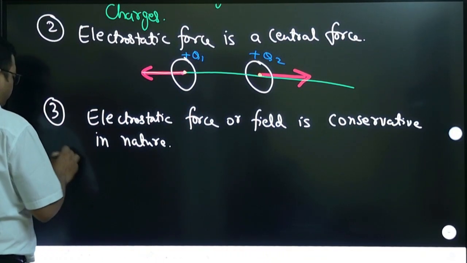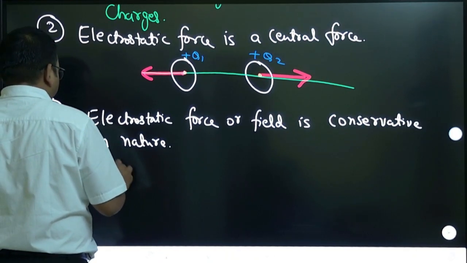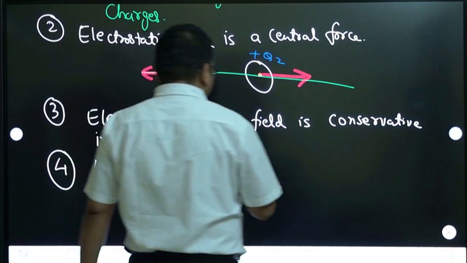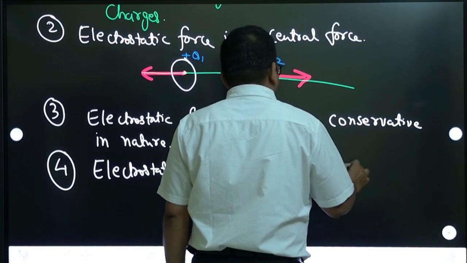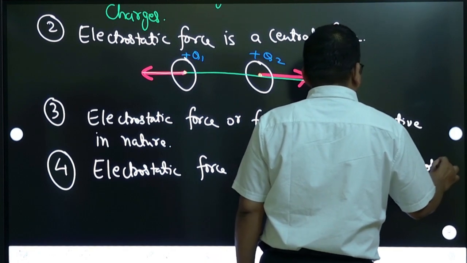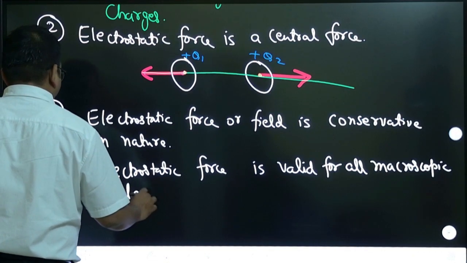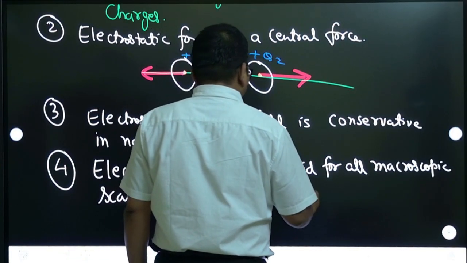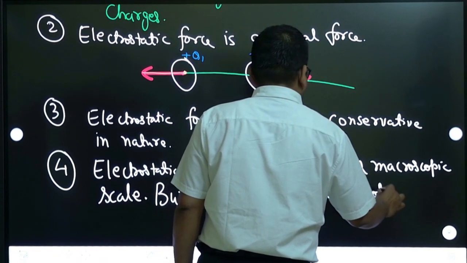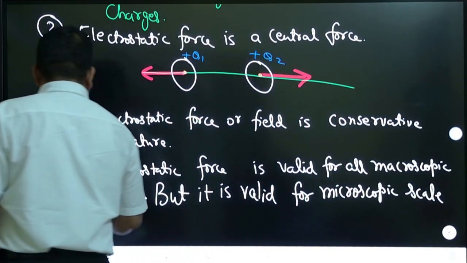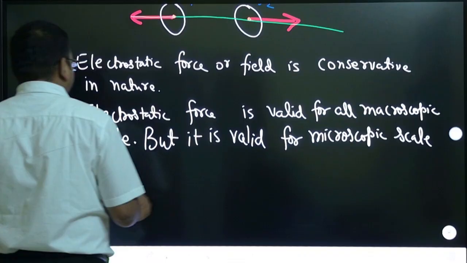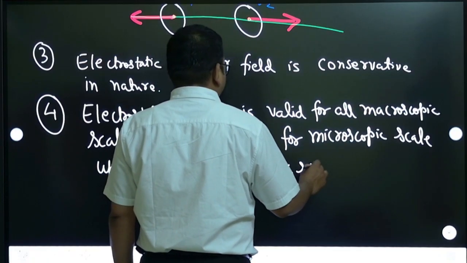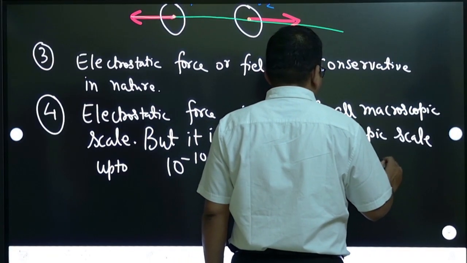Then let us go to the next. Electrostatic force is valid for all macroscopic scale, but it is also valid for microscopic scale up to 10 to the power minus 10 meter, atomic scale, and this is an established fact.